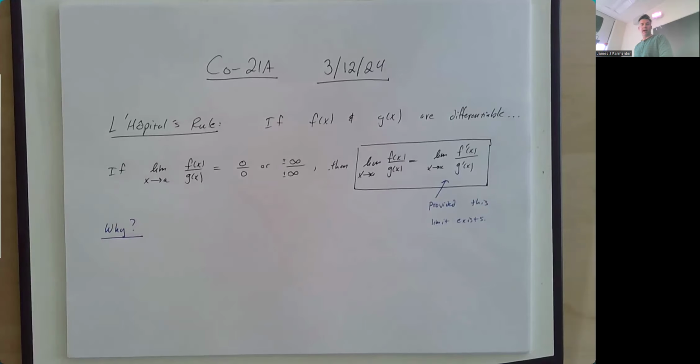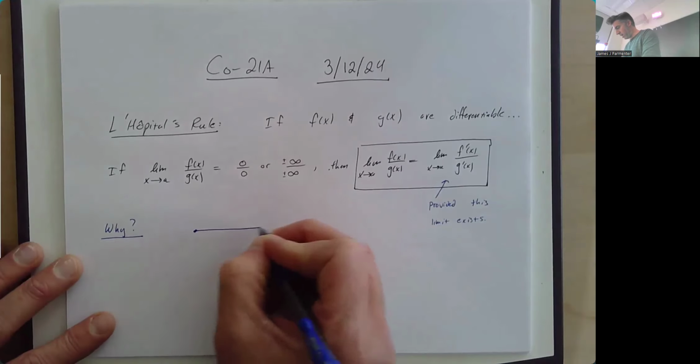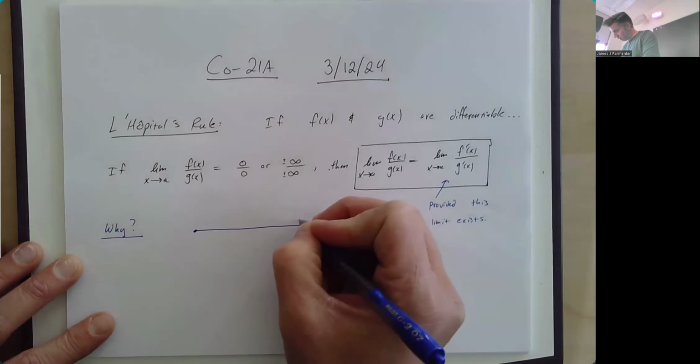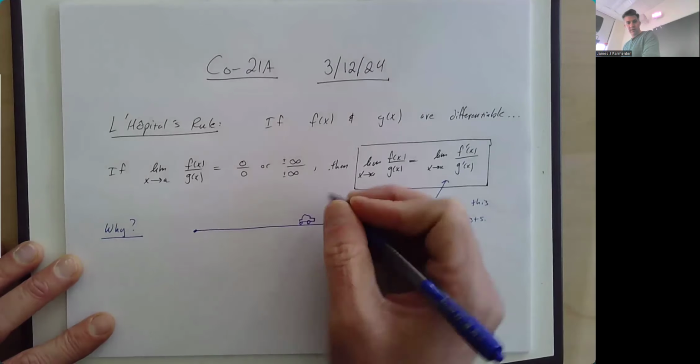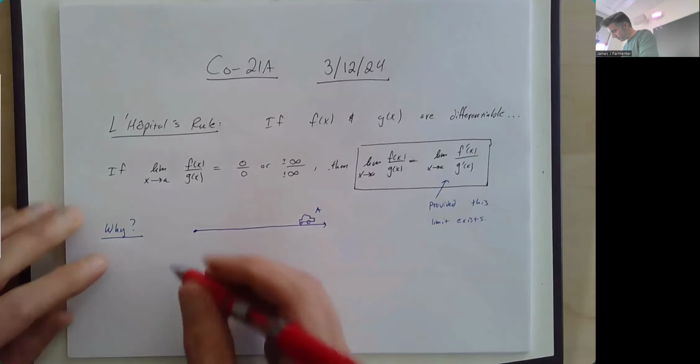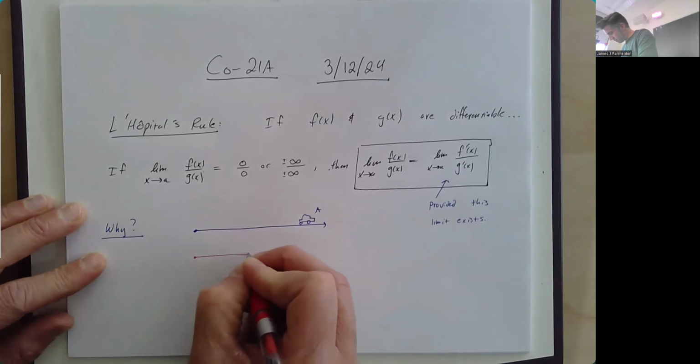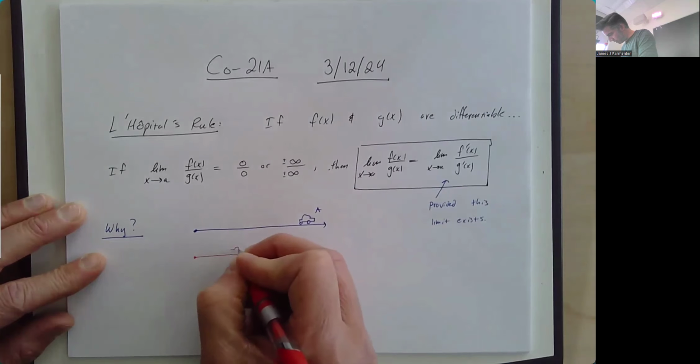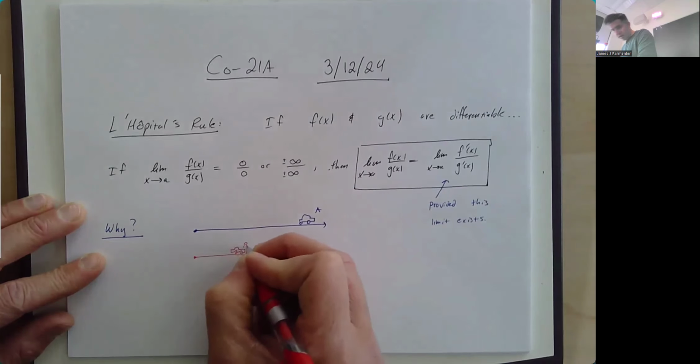Well, let's pretend that we have two cars traveling along. You've got car A here, and you've got car B down here. And here's what we're going to say.